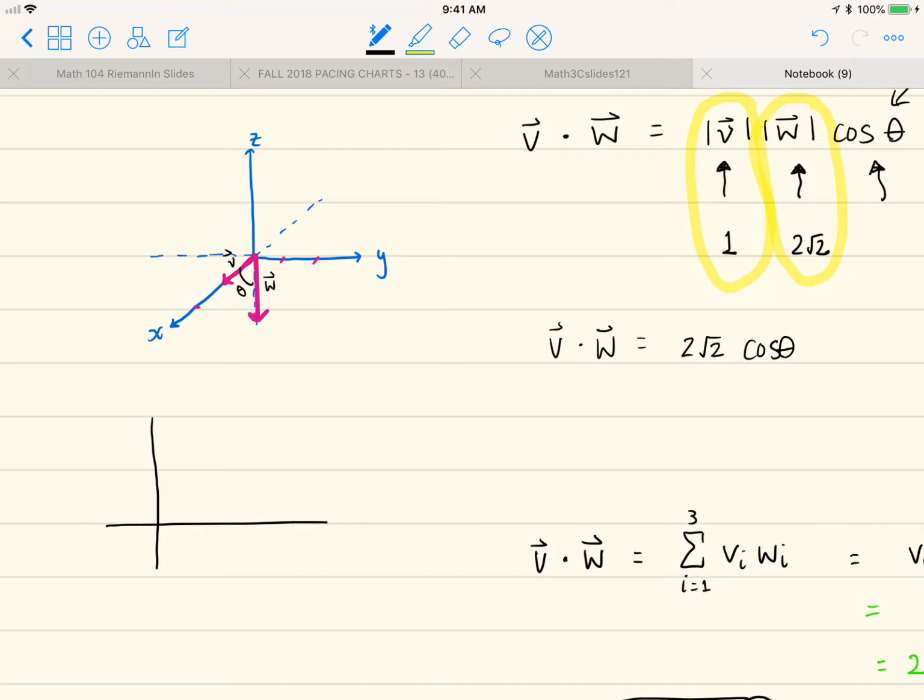So here's x, here's y. Remember, these are positive values of x and positive values of y. And then imagine if z were coming out, so here are positive values of z. So what's going on here is I've got v, which is 1, 0, 0.